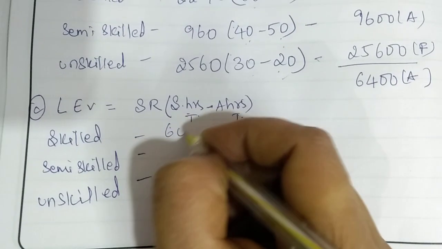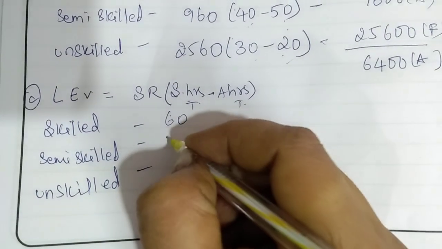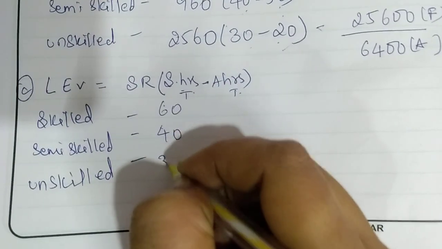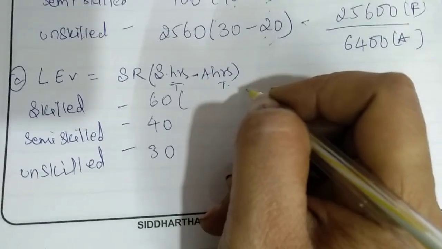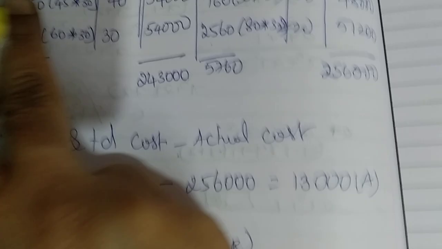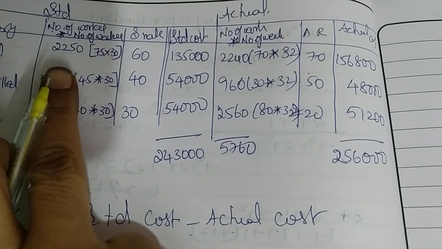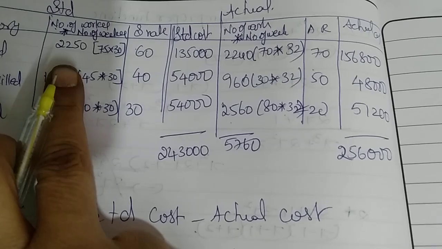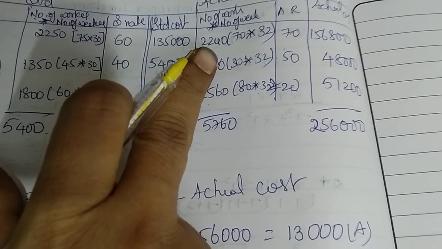I'm multiplying as usual 60, 40, 30. Now I have to go for standard time, 2250 minus 2240. That is what I'm going to do for all of them. So what is it that I'm doing here?